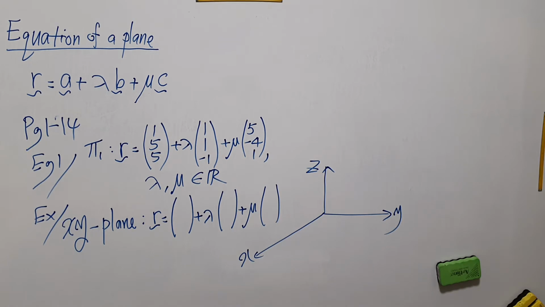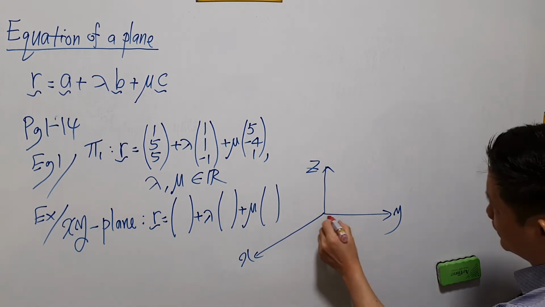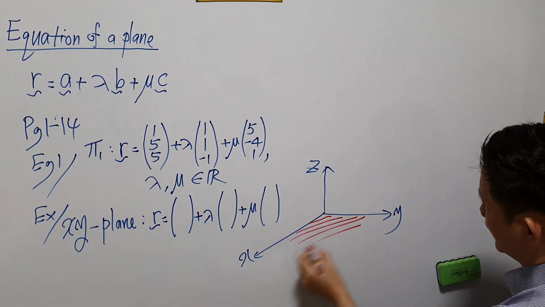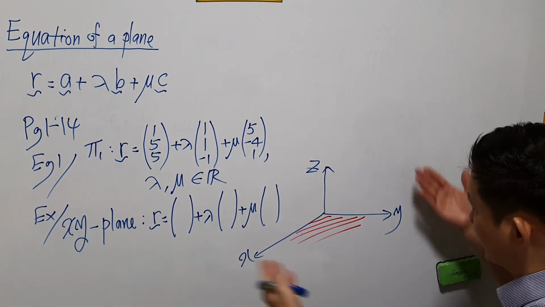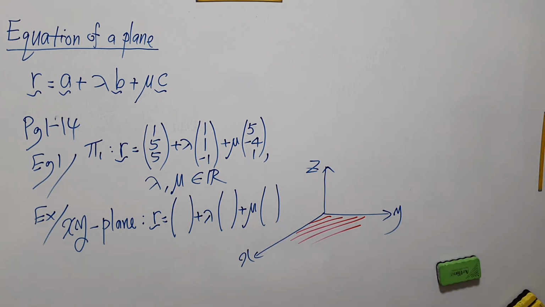Your xy plane is actually here. You want to be mindful that although I'm shading the front part, the plane actually extends in all directions horizontally, and it contains both the x and y axes. So for such a plane, like the earlier example 1, to write down the equation of this plane, I need 3 vectors, 1, 2, and 3.